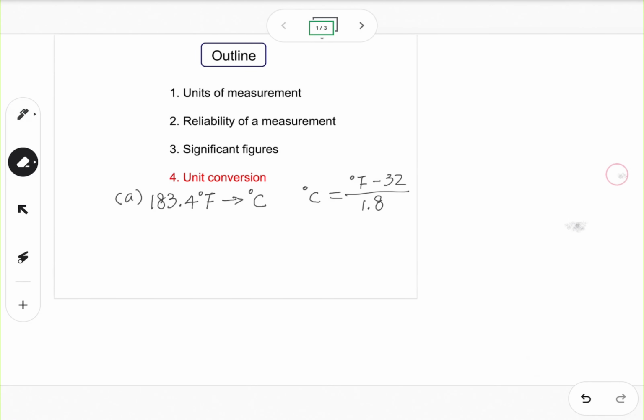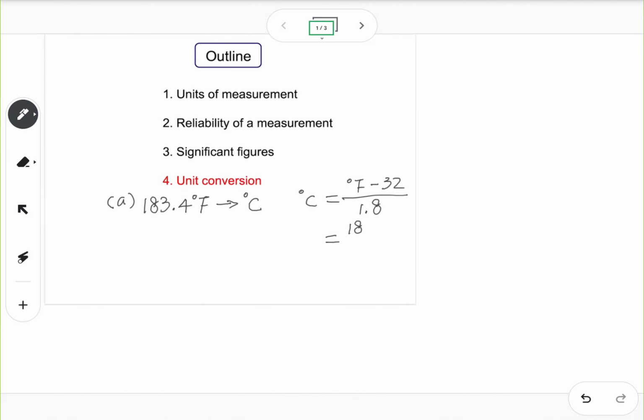What you need to do is plug this value into this equation and do the calculation. So that equals 183.4 degree Fahrenheit minus 32, divided by 1.8.